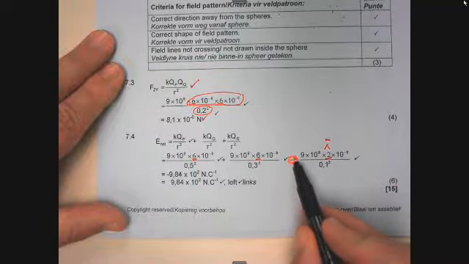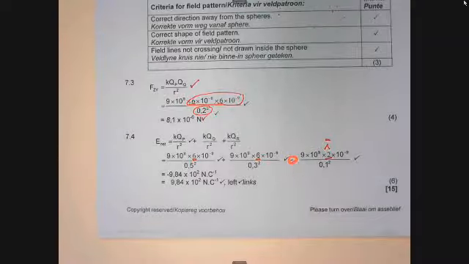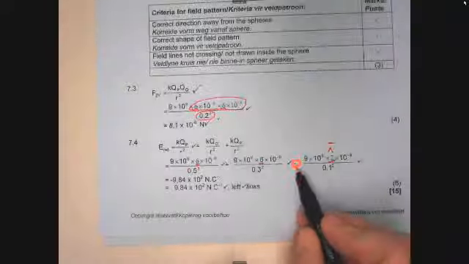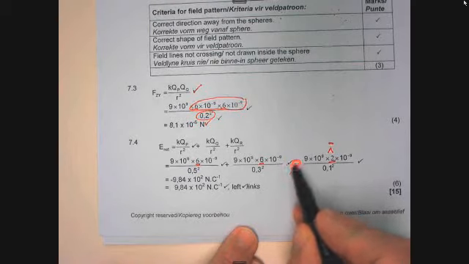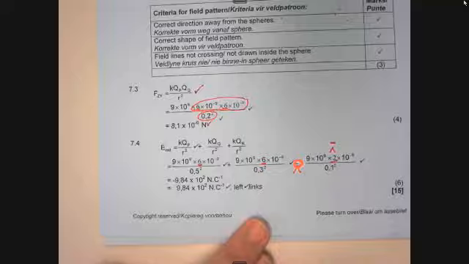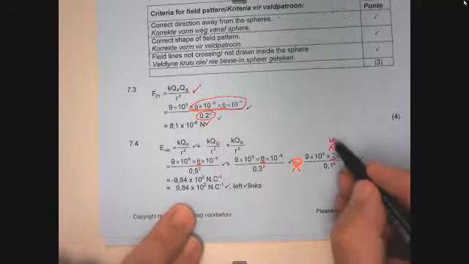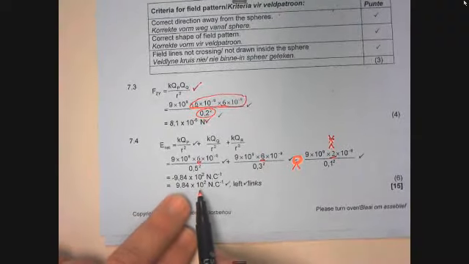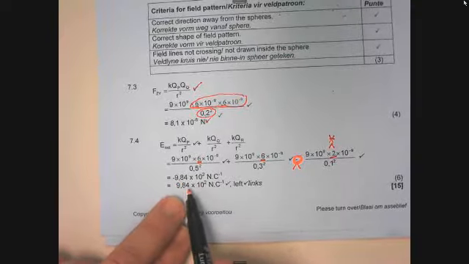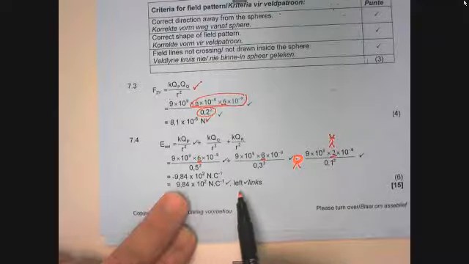The direction is decided by your vector diagram. This vector diagram decides what is positive and negative, so therefore it's important. You must subtract the value of the electric field caused by the 2 nanocoulomb sphere, and then the learner must interpret the electric field strength. It is negative 9.84, so therefore he must state it is 9.84 to the left.